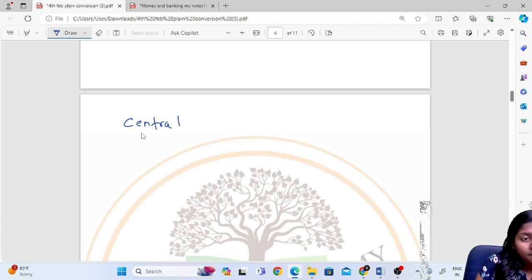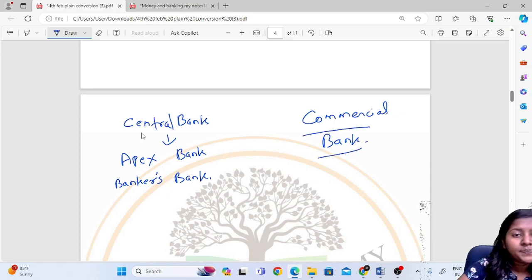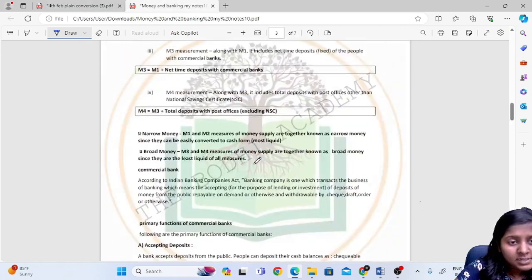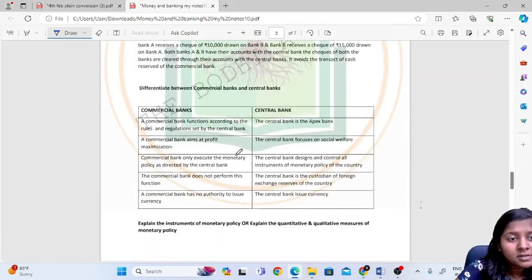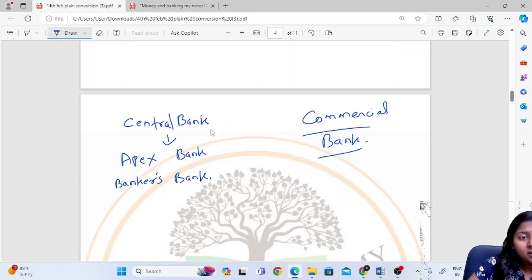Central bank, which is the apex bank, or we can call it the bankers' bank. Then we have something called a commercial bank. Coming to the difference between the commercial bank and the central bank: a commercial bank functions according to rules and regulations.